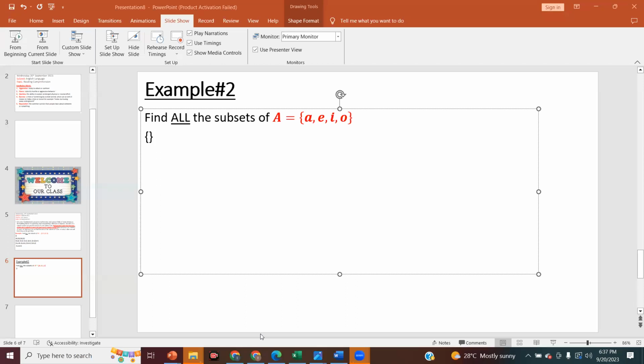All right, good. So the singleton sets would be A, E, I, and O. These are vowels.